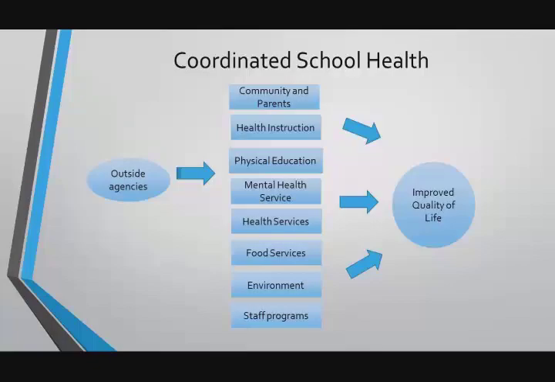Just like K through 12 schools have a coordinated school health model, that same model is in place for universities. The parents play less of a role in this model, but the community plays a huge part. If you're at a university that has a tremendous amount of underage drinking and it negatively impacts the community, there would be issues.